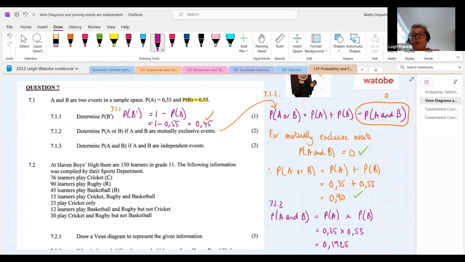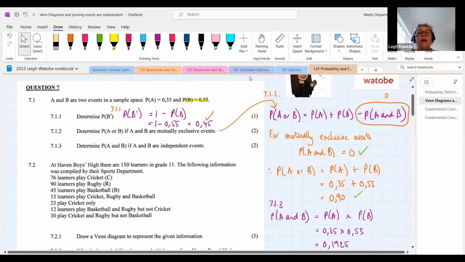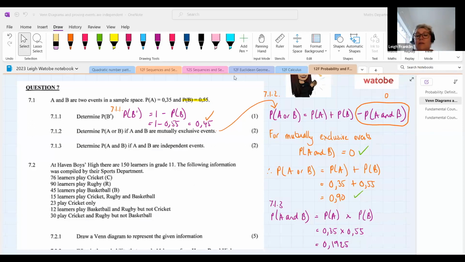I suppose they would expect us to round that to 2 decimal places, but I'm just going to leave it as 4 decimal places, just like that. Okay, any questions? That's it, Leanne, 0.1925. Any questions about that? Are these formulae familiar to you? You know what I'm doing here.